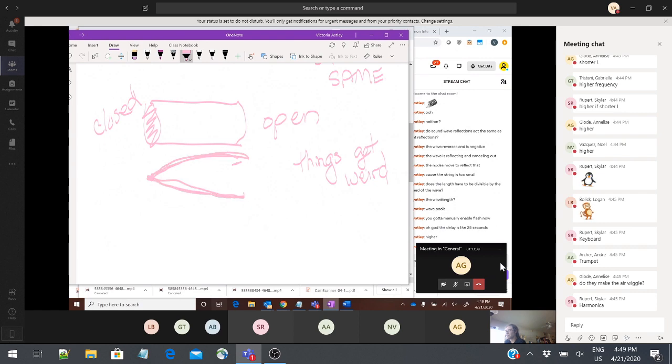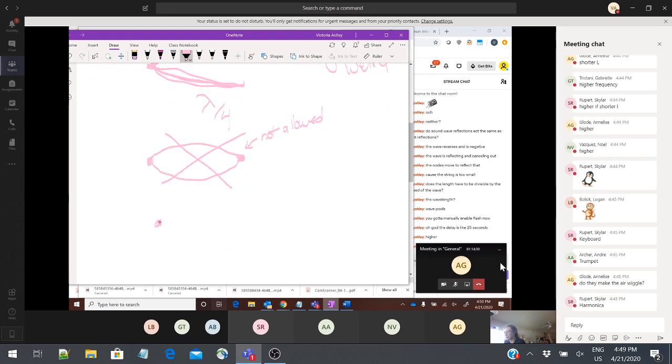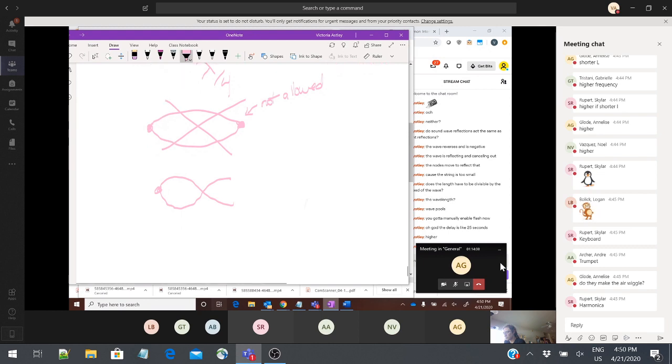My fundamental is only going to be lambda over 4 instead of lambda over 2. And then if I do lambda over 2, this would have a node at this end, but it has to be an antinode. So this is not allowed. The next one would be, I have one node and an antinode. So this would be, I'm trying to make sure I have the math right.